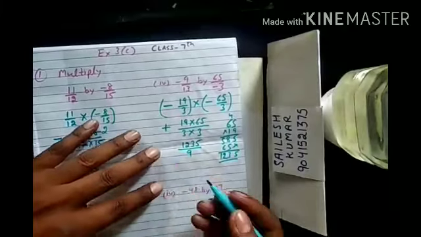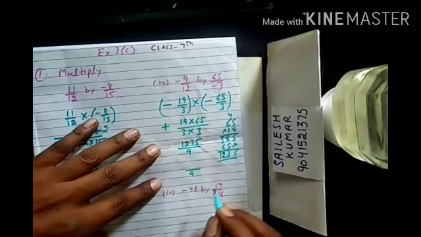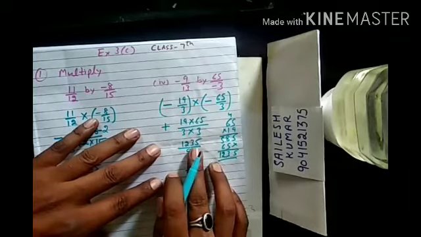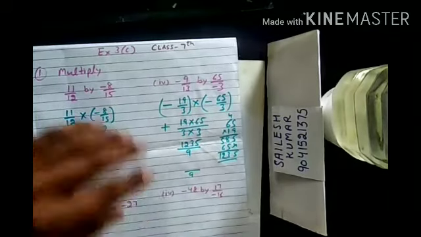Now you can convert this into a mixed fraction. For the mixed fraction, we have to divide 1235 by 9 and write the answer.